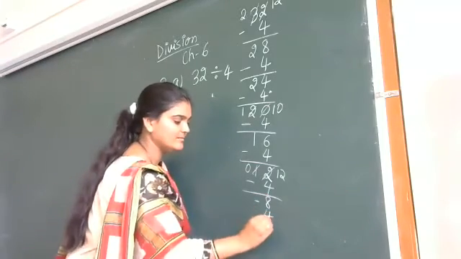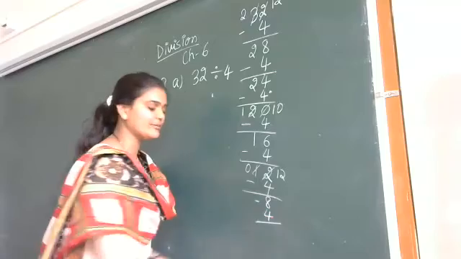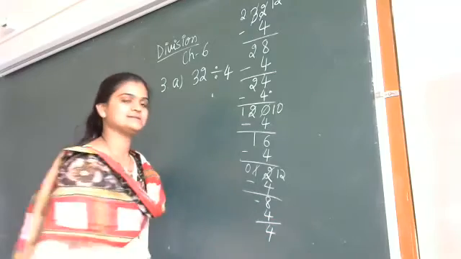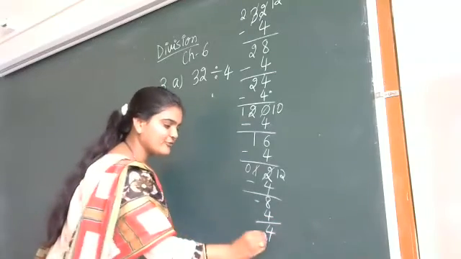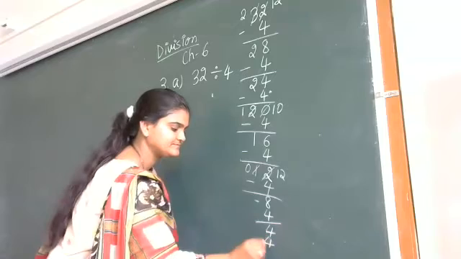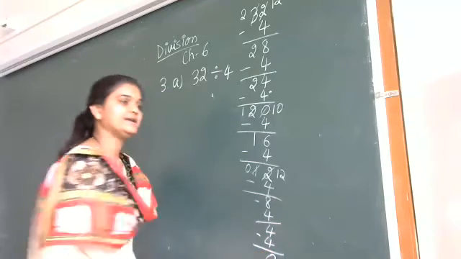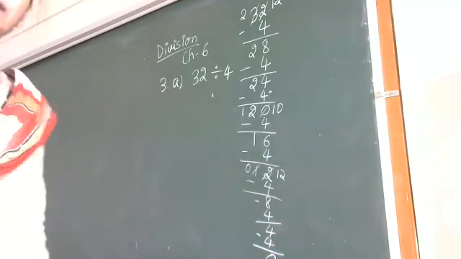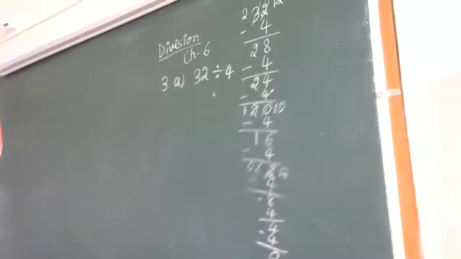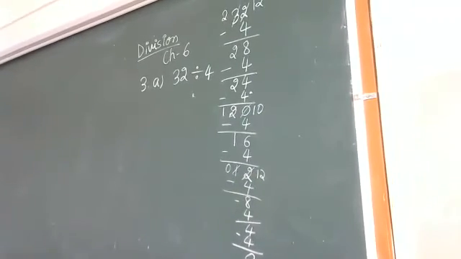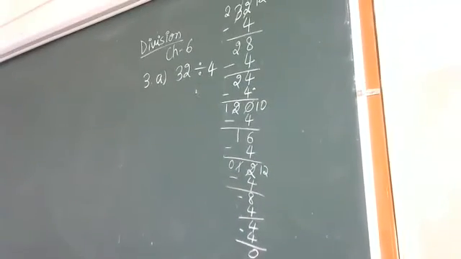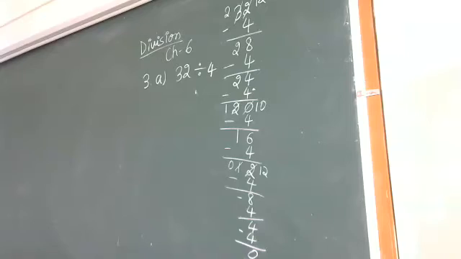Okay. Subtract 4 from 8. 4 remains. Again subtract 4 from 4. It is 0. Okay. I hope down you cannot see it. Yes. I hope now it is visible.